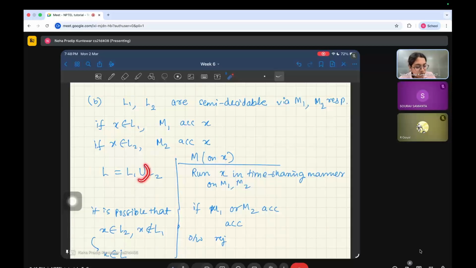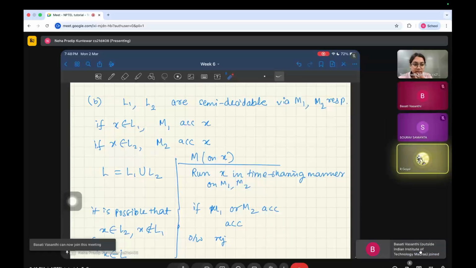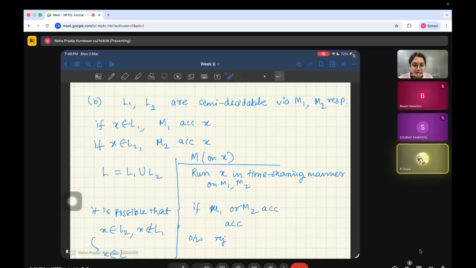Now similarly, if this were intersection, then... So, running X in a time sharing manner, would it be same as running both the machines in parallel? You give input X to both the machines M1 and M2 simultaneously. If either of them outputs a yes, then fine.